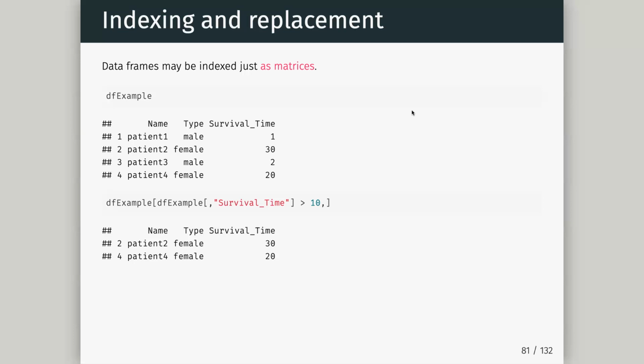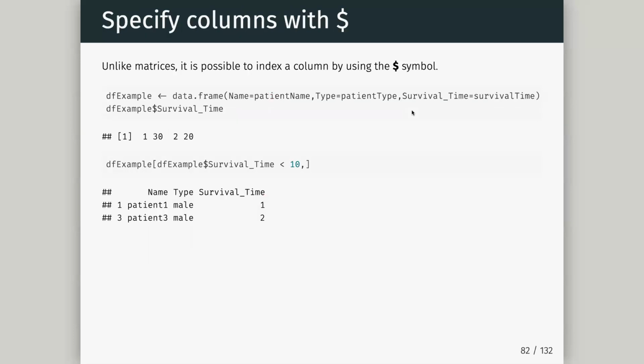I couldn't do this with a matrix. This would have been turned into a string. Unlike matrices, data frames cost a little bit more computation, but you can do some nice indexing tricks. We don't need to use the square brackets if we want to pull out a particular column.